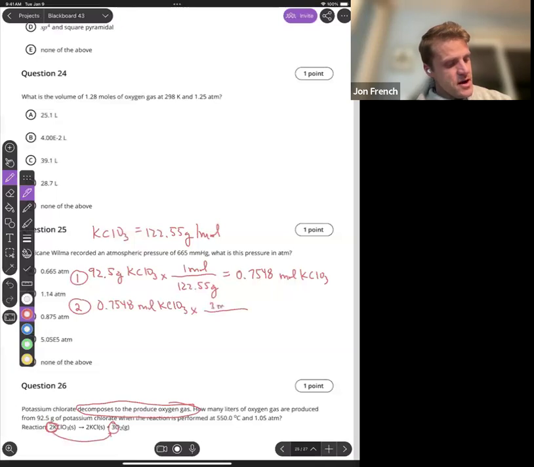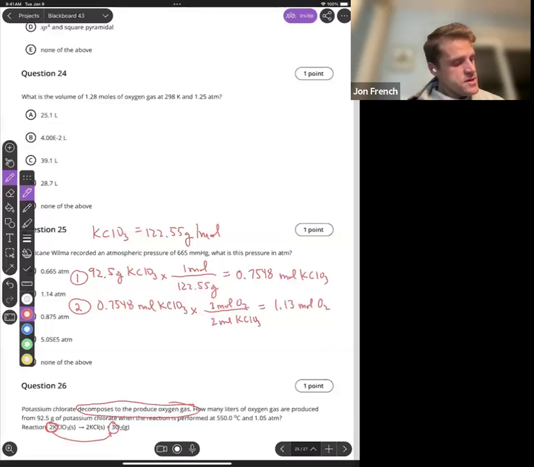So that's our conversion factor: 3 moles of oxygen out for every 2 moles of potassium chlorate in. So multiply that by 3 over 2, 1.13 moles of oxygen.